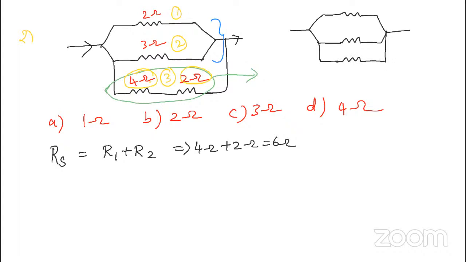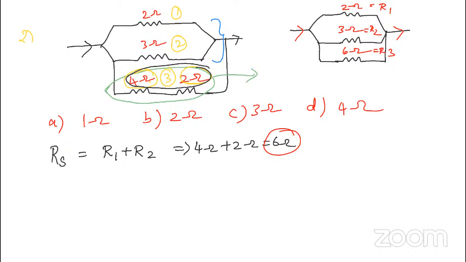The first two resistors' values, 2 ohm and 3 ohm, we have written as they are. Here the 4 ohm and 2 ohm are combined, so we are writing 6 ohms here. Okay. Now the circuit should be in parallel form. Now all three are parallel values. So here it is R1, R2 and R3.